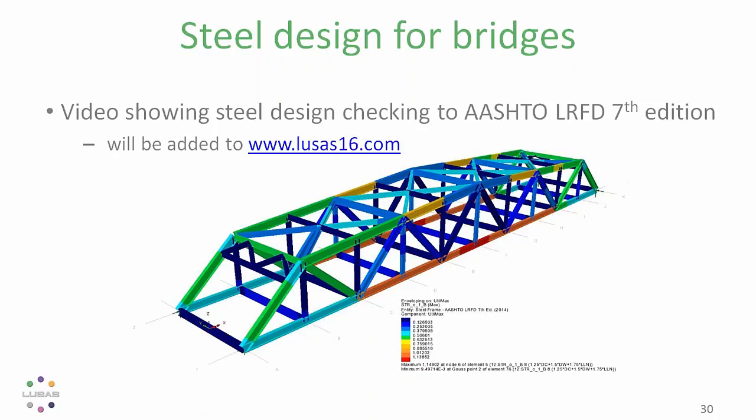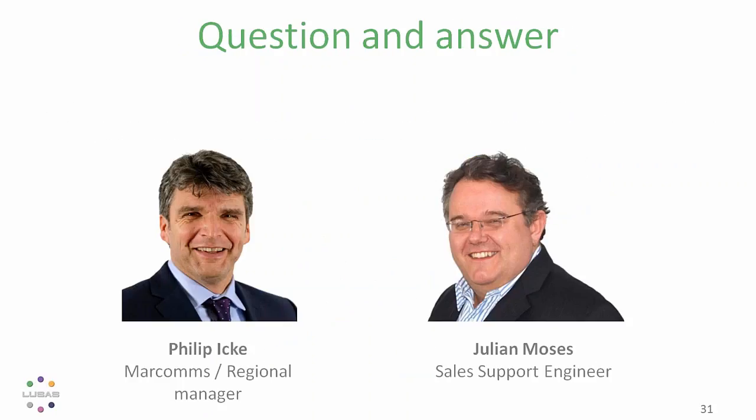Everybody that's attended this presentation will get the link for that, so then you can see the comparison between the two. The workflow is identical, of course, but if you want to see something that's in the context of your units, of course, working in the States and imperial units, and relates to your codes of practice, then you'll have that for reference as well.